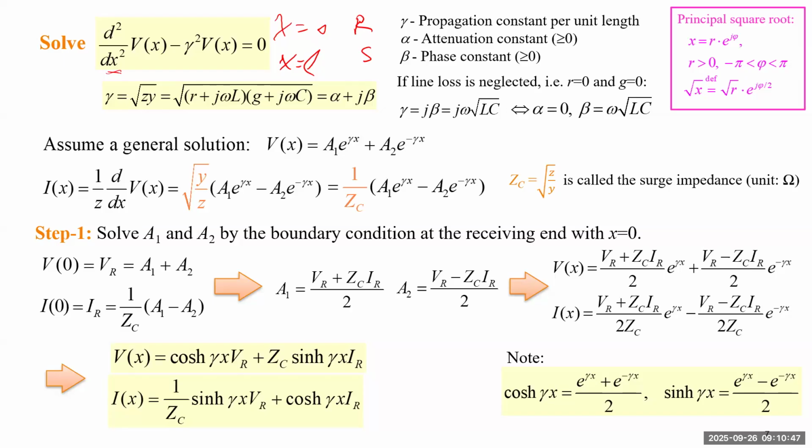Gamma, by definition, is the square root of the product of Z and Y. Z is the series impedance per unit length, and Y is the shunt admittance to the ground per unit length.